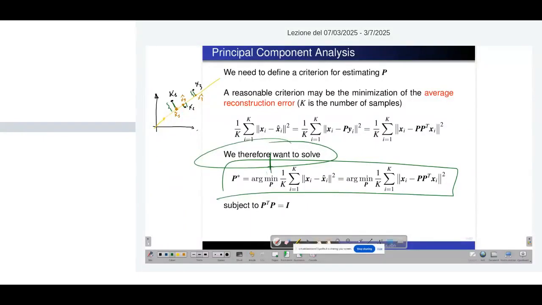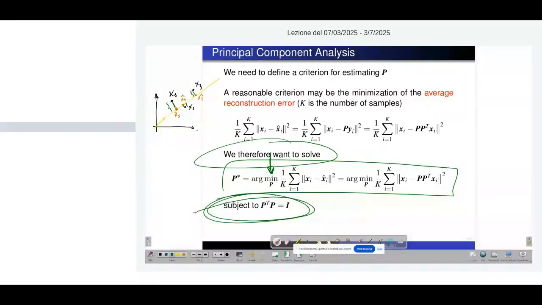Optimization problem. We find the model parameters by minimizing a suitable objective function. In this case, suitable means we want to minimize the average reconstruction error, defined as the average square distance between original and reconstructed point. Now, this is a constrained problem because we said that we want P to represent a subspace.